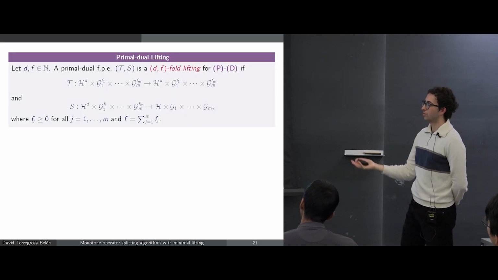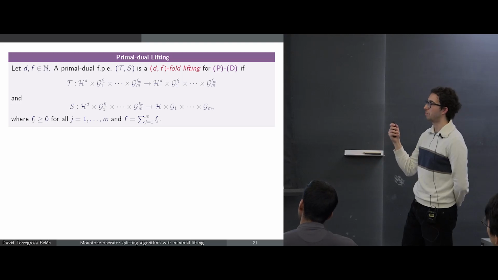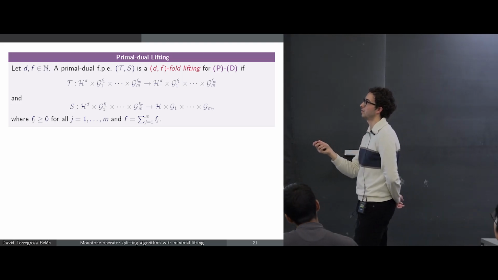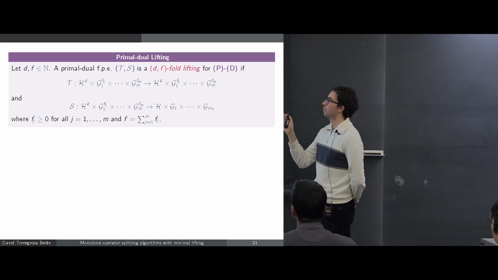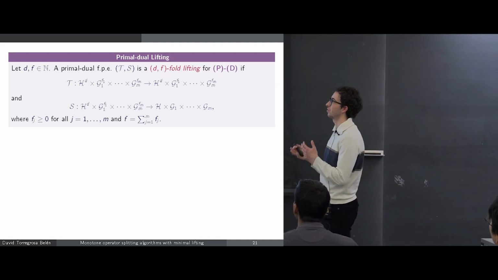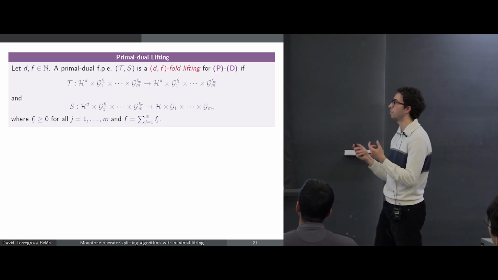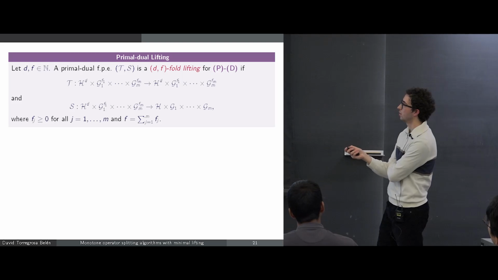So then we wanted to study the minimal lifting of primal dual splittings, and we needed an additional definition, which is this primal dual lifting, which also takes into account this nature of having both primal and dual sequences.